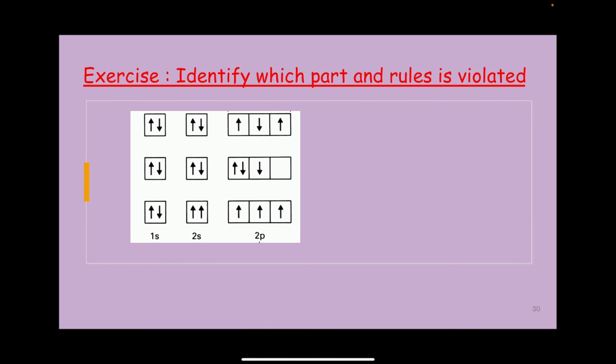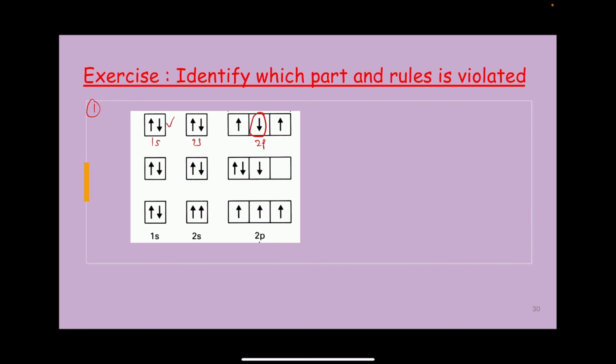Identify which rule is violated for the first example here. Let's say this is 1s. The 1s is correct, 2s is correct, and 2p. If you follow Hund's rule, we need to fill up singly first with the same orientation, and then we pair up with the different orientation.